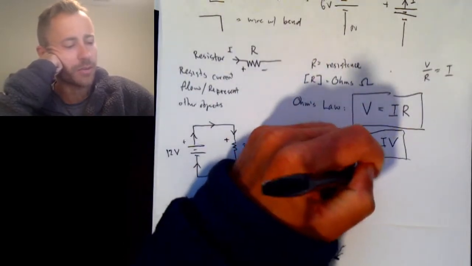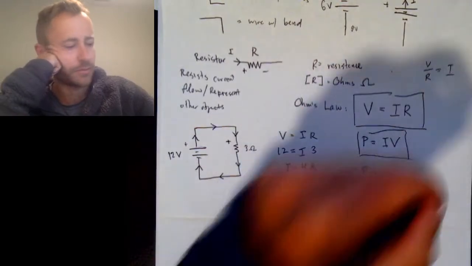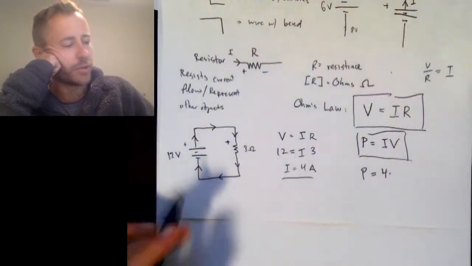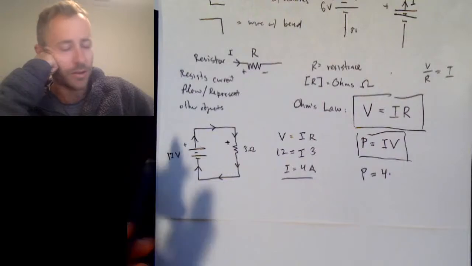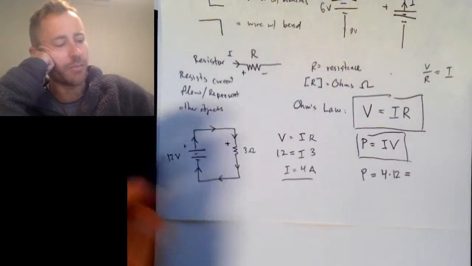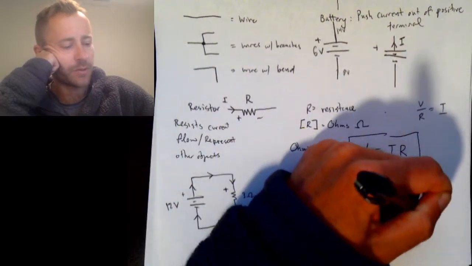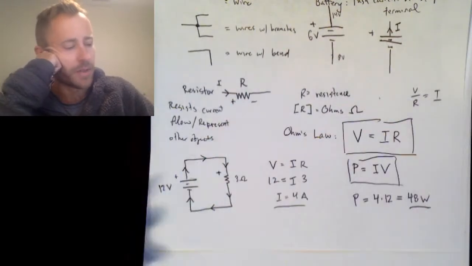We know that the battery is outputting 4 amps, and the voltage provided by the battery is 12 volts. So this battery is outputting energy at a rate of 48 watts. So 48 joules per second is coming out of this battery.